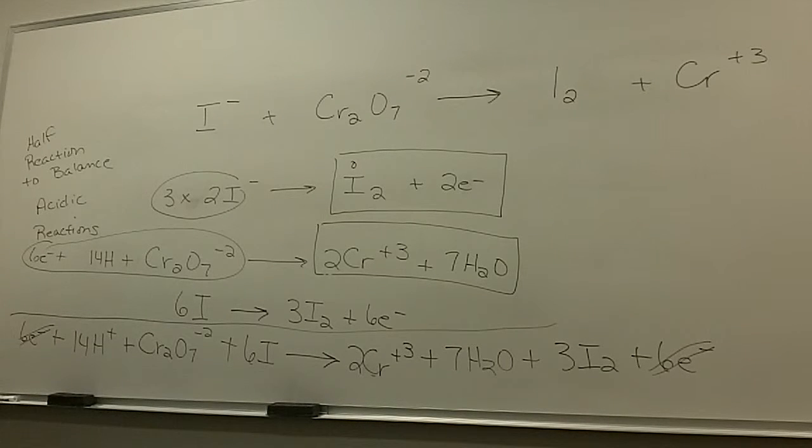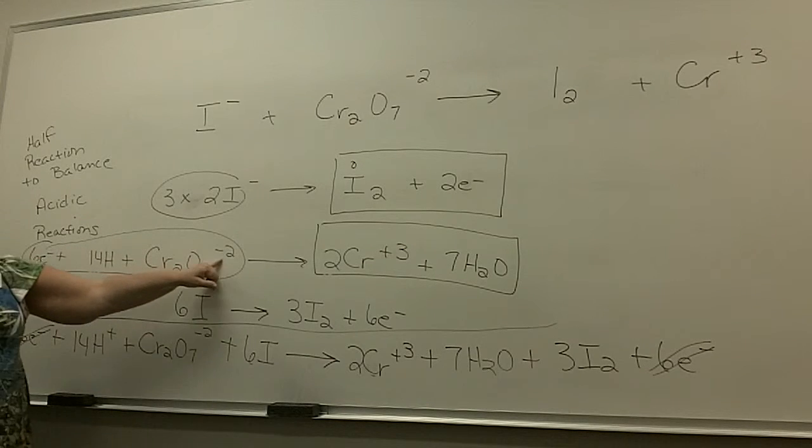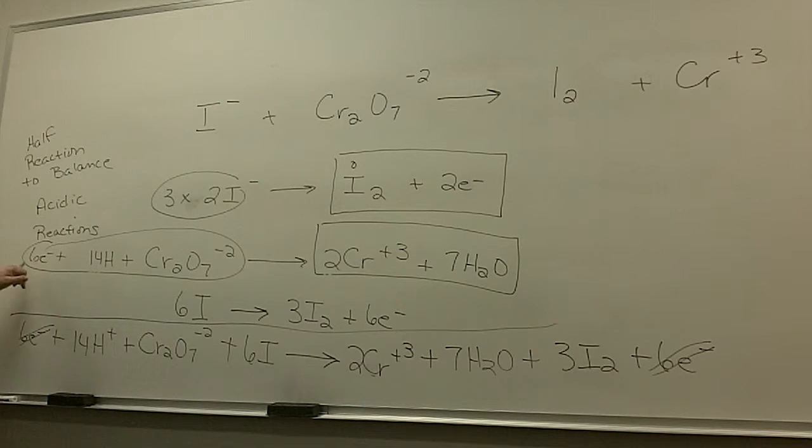But then we had to balance out what we added. We had to balance the hydrogens from the water that we added over there to balance the oxygens. So then we had an excess, we had -2. Does it come out to be +6? Because the 14 hydrogens are positive, right?